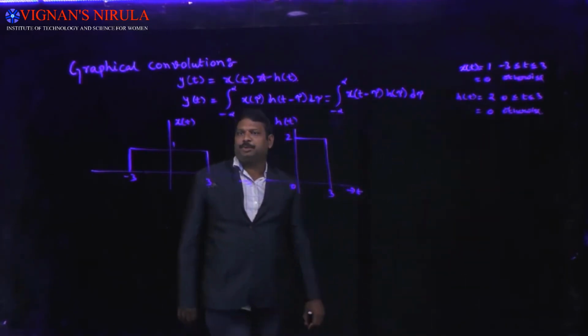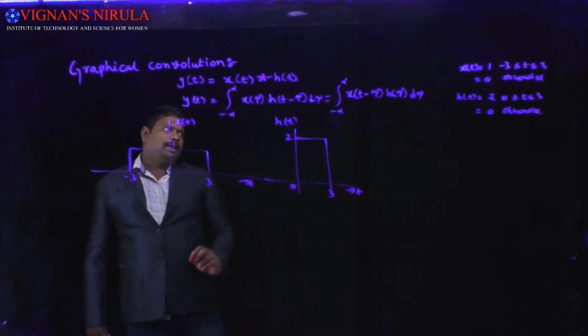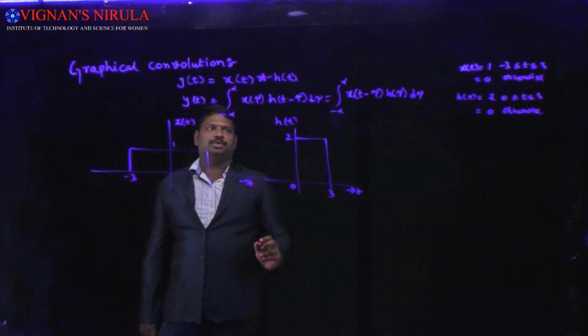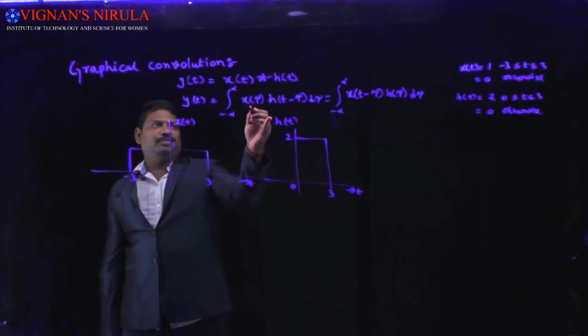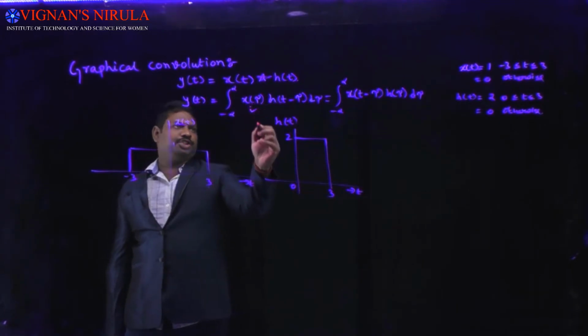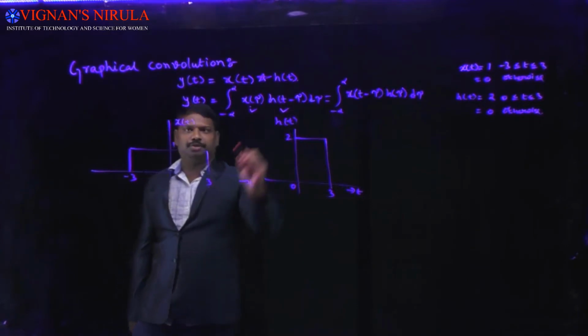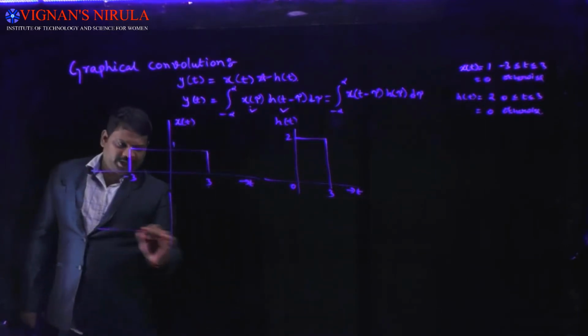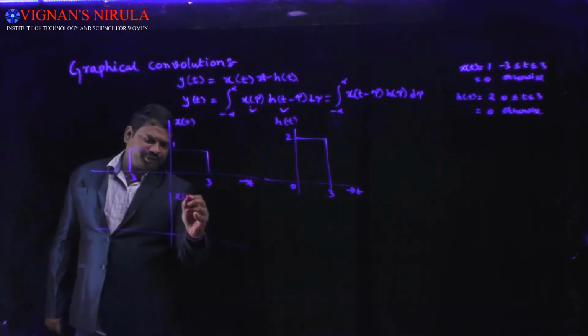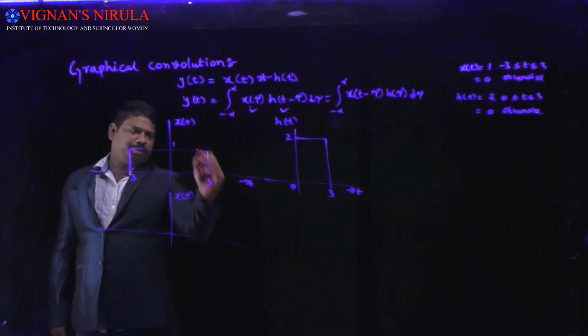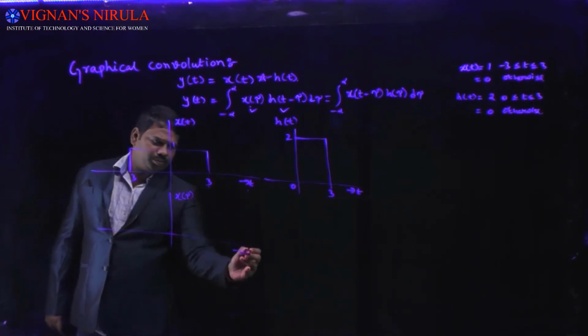Then, when we want to convolve the two signals using this formula, the first signal will be written in terms of x of tau, and the second signal will be written in terms of h of t minus tau. First, x of t will be written as x of tau. That means the t variable will be changed to tau.